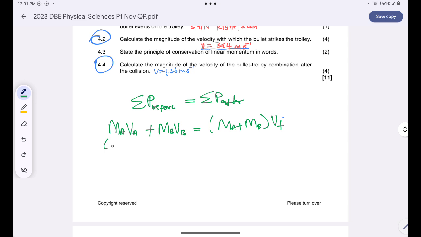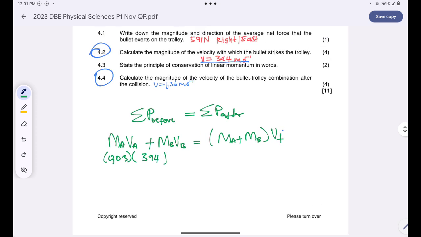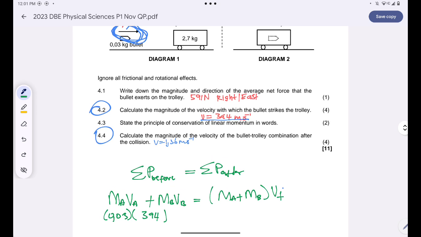The mass is 0.03, right? And the velocity is 394. But remember that the bullet before the collision was moving towards the right. So I have a negative here.